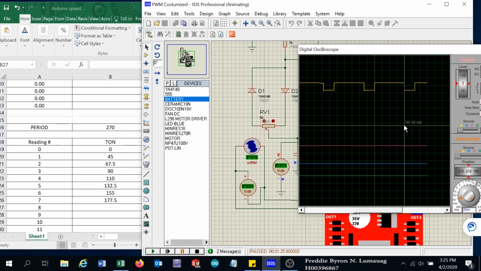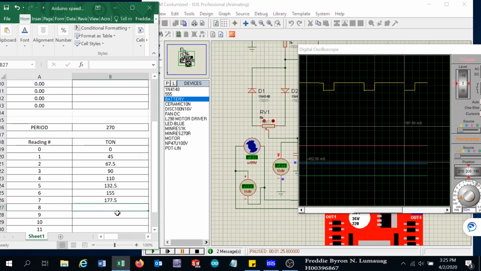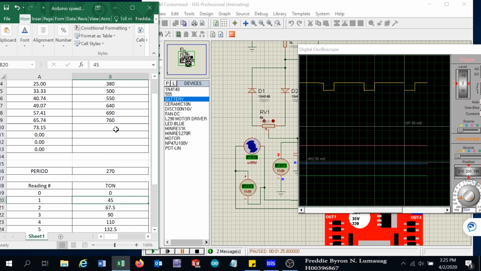How much time now? It's 197.5. So that is the eighth reading, 197.5, and the speed is about 830 RPM.